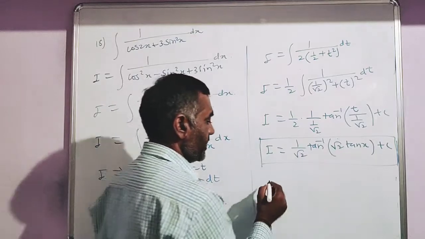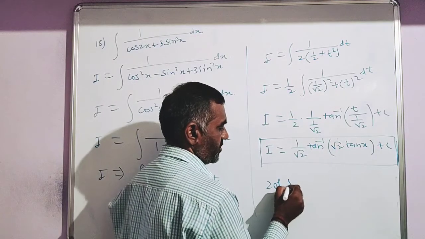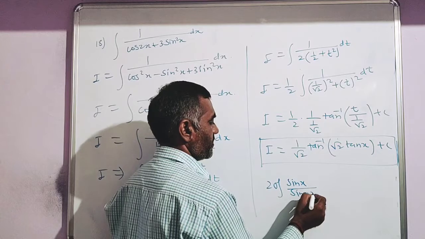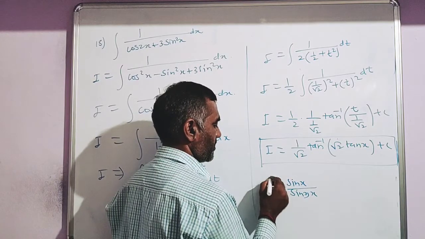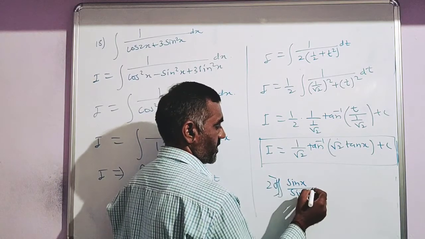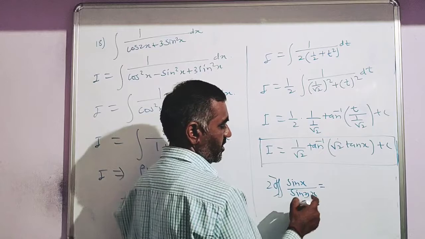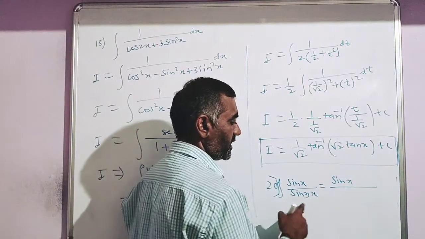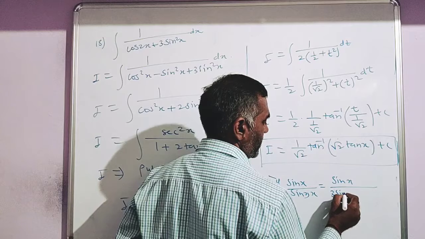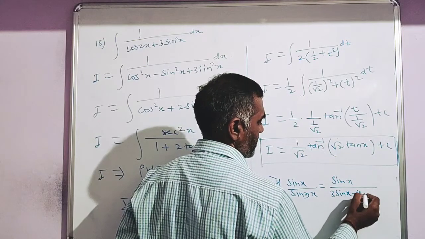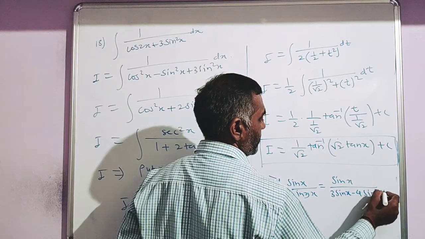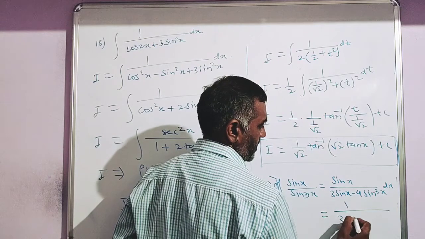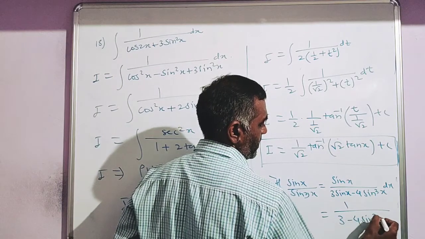आता एक आहे 20 नंबर, फक्त हिंट देतो, तुम्ही सॉल्व करा. sin x upon sin 3x. Formula for this: sin 3 theta is 3 sin theta minus 4 sin cube theta. Take out sin x common, 1 upon 3 minus 4 sin square x and dx.